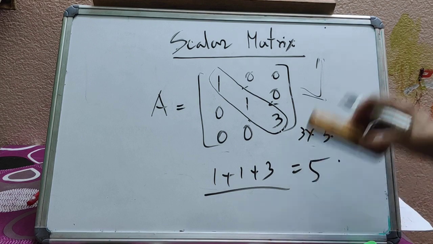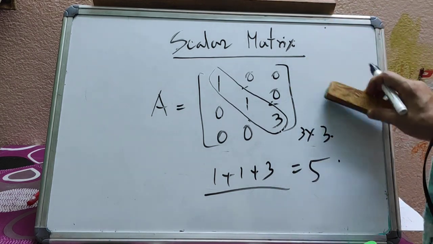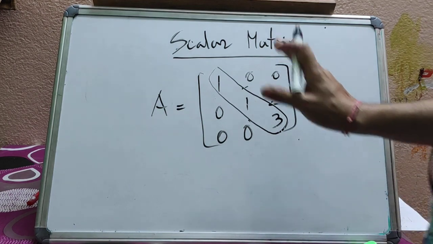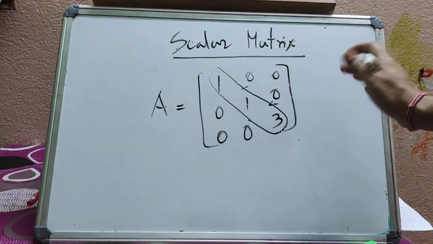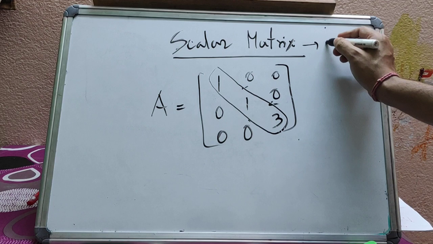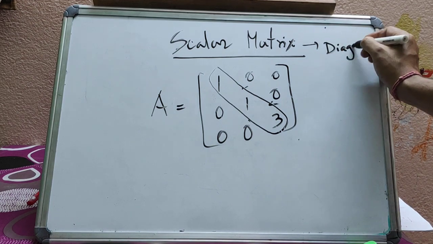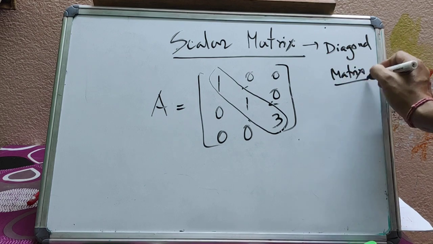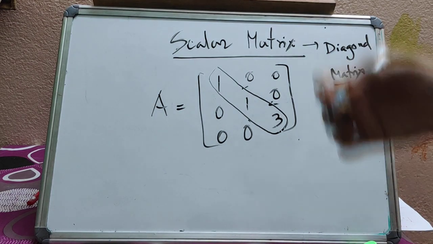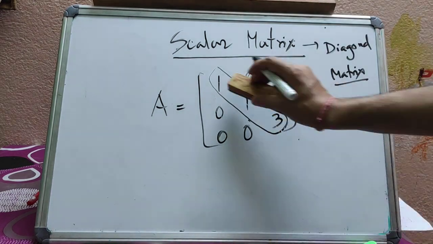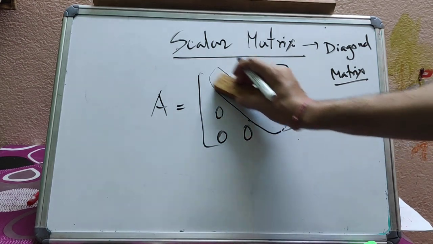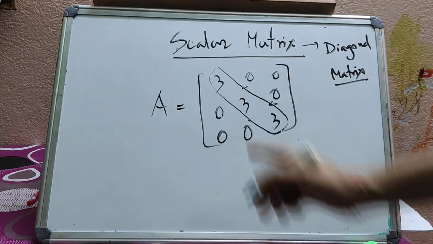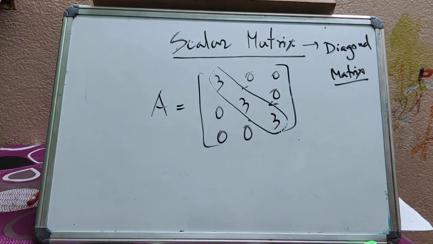A scalar matrix is a kind of diagonal matrix. Actually, this is a diagonal matrix, but a special type of diagonal matrix. What is that special type? The special type is that all the diagonal elements will be equal.